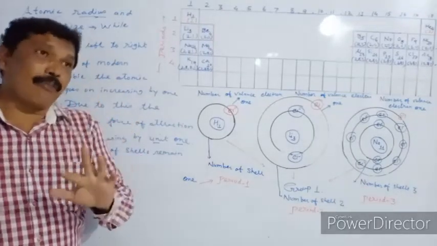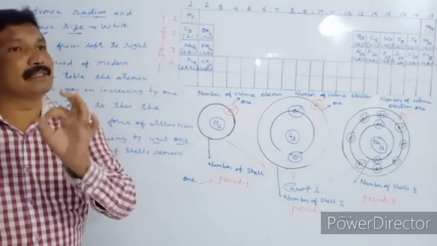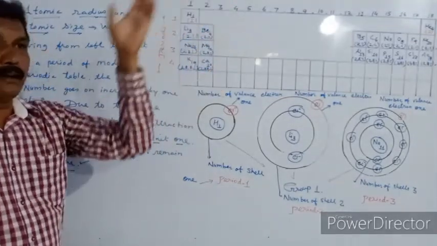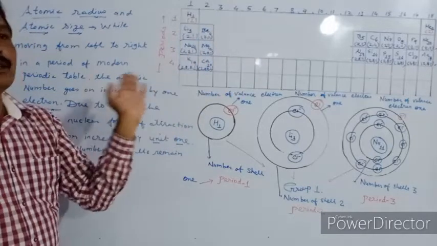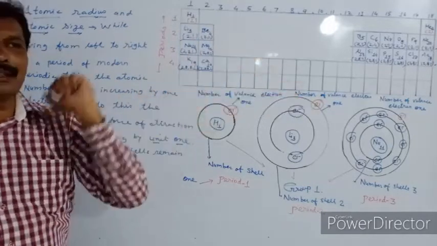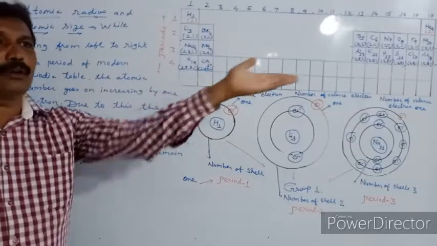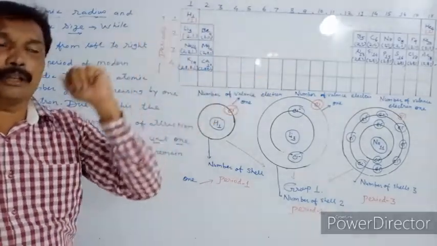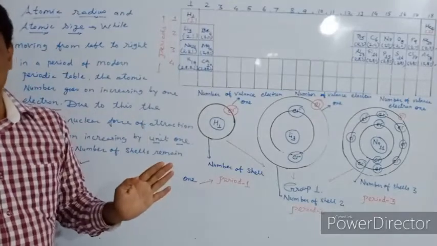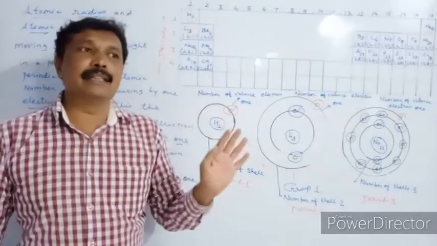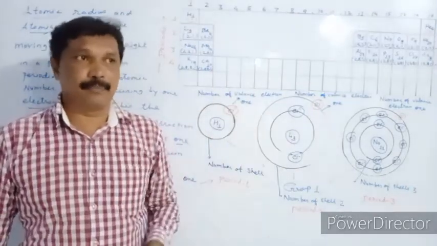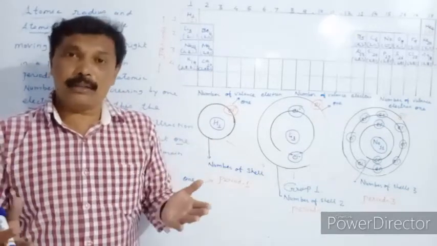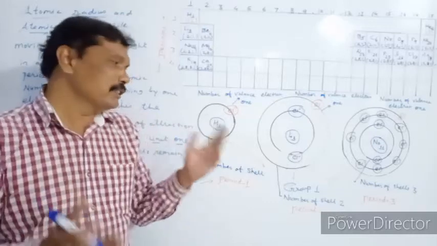But the number of shells remains the same. If you consider any period from left to right, the nuclear force of attraction goes on increasing, but the number of shells remains the same. From all these factors, what conclusion can be drawn? Let's find out.